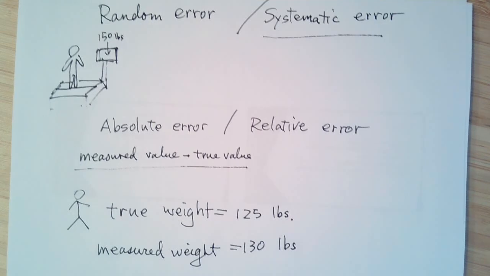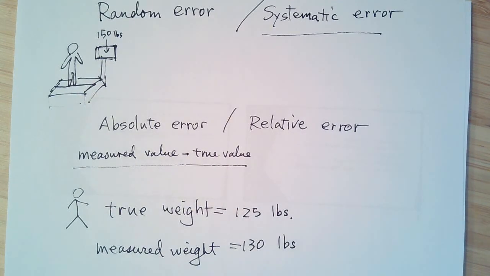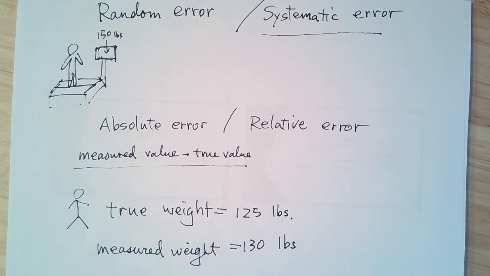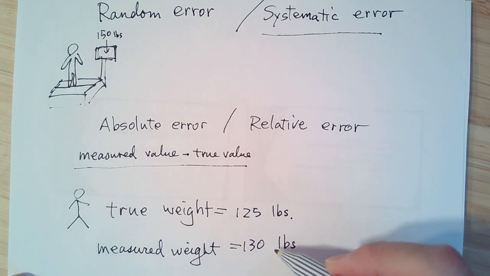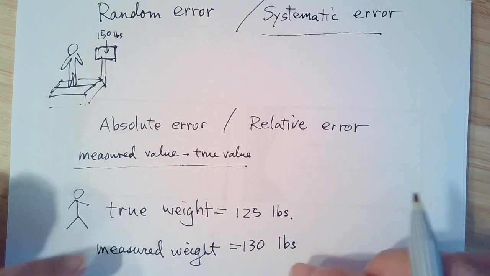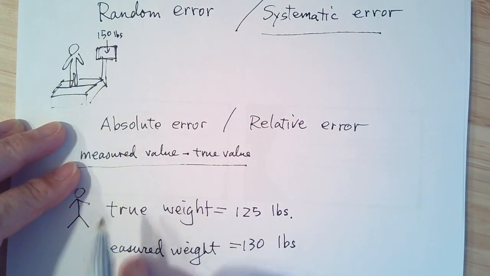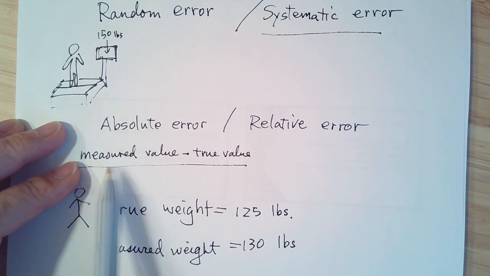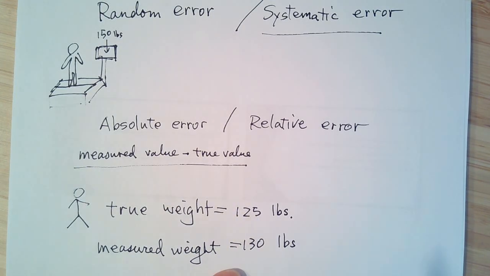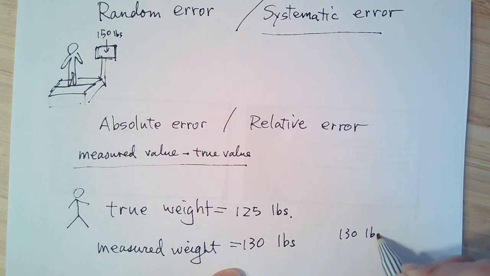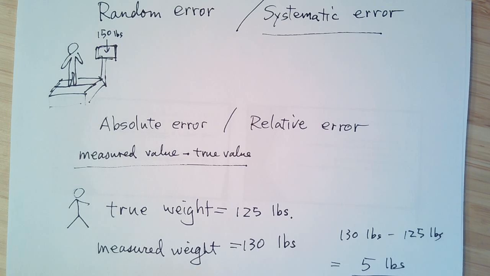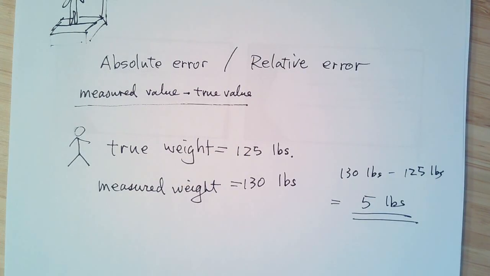I tell you that you're 5 pounds more, but you know it, but other people don't know, right? So what is the absolute error? The absolute error will be 130 minus 125. The measured minus the true. So the absolute error, measured value minus true value, which will be 130 minus 125 pounds. So the answer is 5 pounds. That's your absolute error.